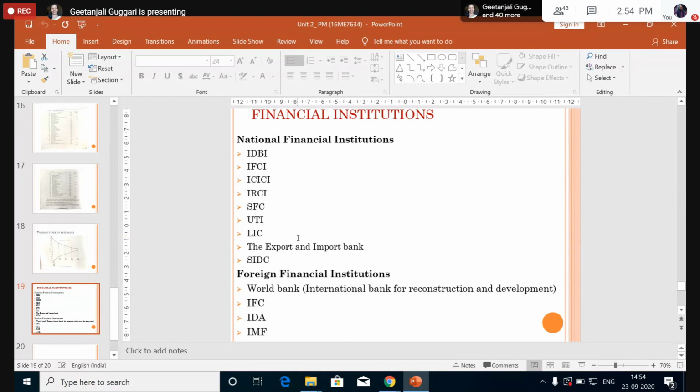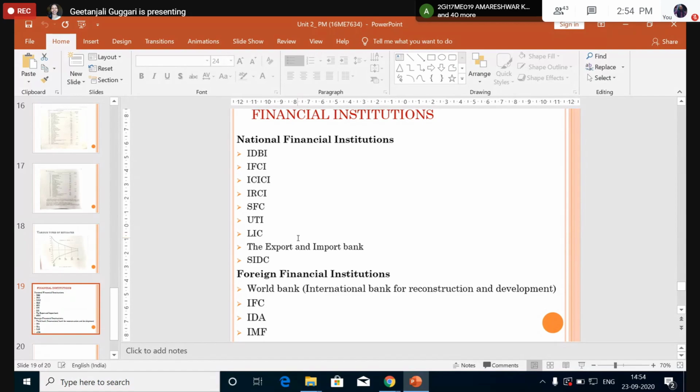There also you will be getting financial assistance, providing foreign currency loans to the industrial concerns in the private sector. Not to go into detail, but you need to know.